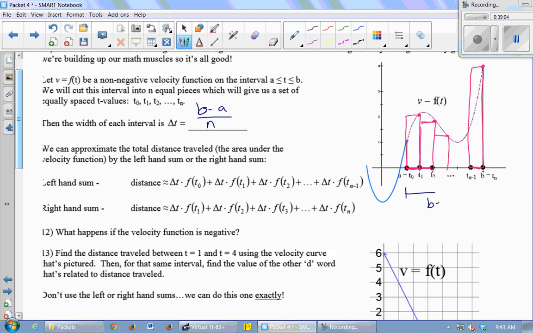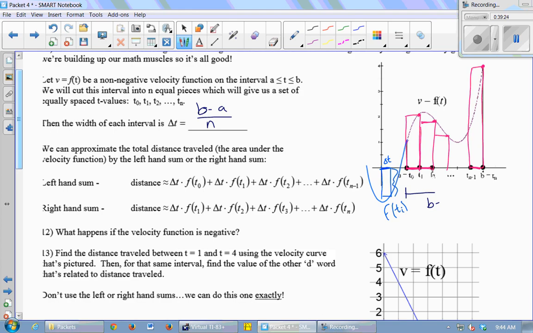If I was looking at an interval and using the right endpoint, I would multiply delta t times this value, which would be f of some t. F of t sub i, whatever it is, would be negative.